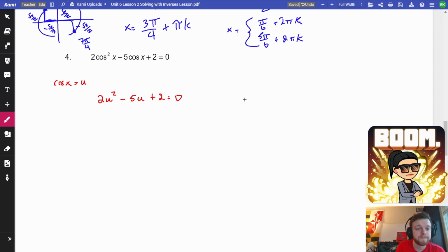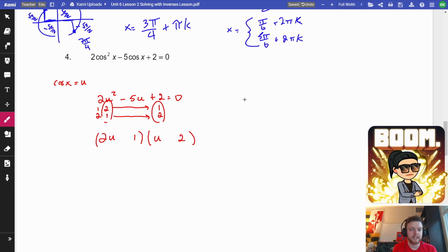I'm so sorry. All right, so let's see. We got the factors of 2 are 1 and 2. 2 and 1 over here, 1 and 2. I could do 2 and 1 over here, but that would be redundant. No need to flip-flop. And I think it's right here. 2 times 2 is 4. 1 times 1 is 1. That's going to give me that 5. (2u - 1)(u - 2).